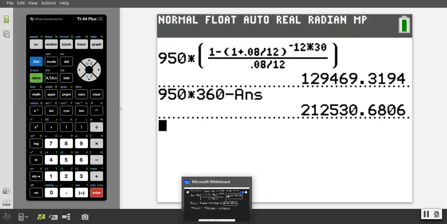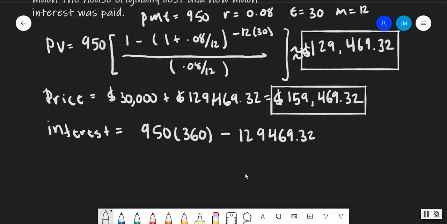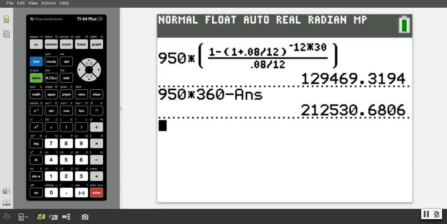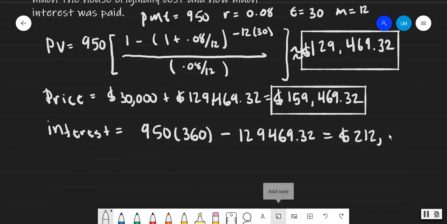So, okay, and I'll write it over here because I need to write something down. So 212,000, was it 530, I think. Yeah, 530 and 68 cents. Okay.